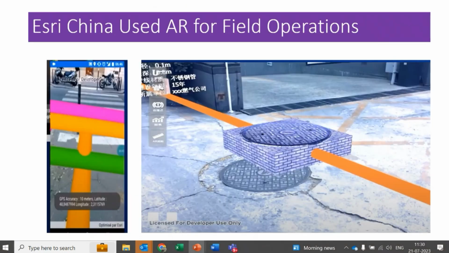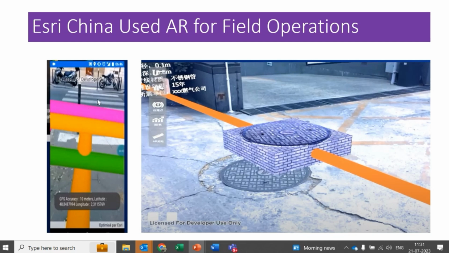ESRI China has used this AR for field operation. On the surface, you can see that it is like a PUBG game, that you can see where my manholes are and where the pipes are linked in what format. And you can see on the top how this is linked.